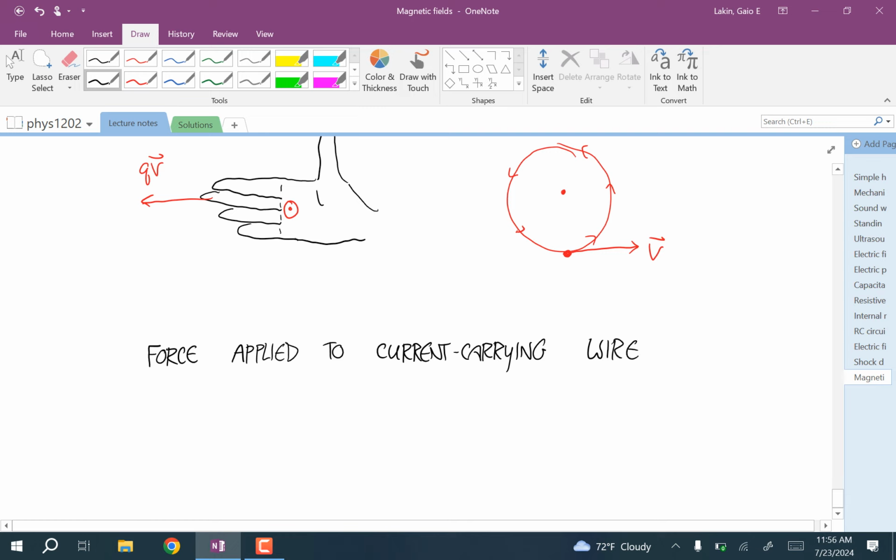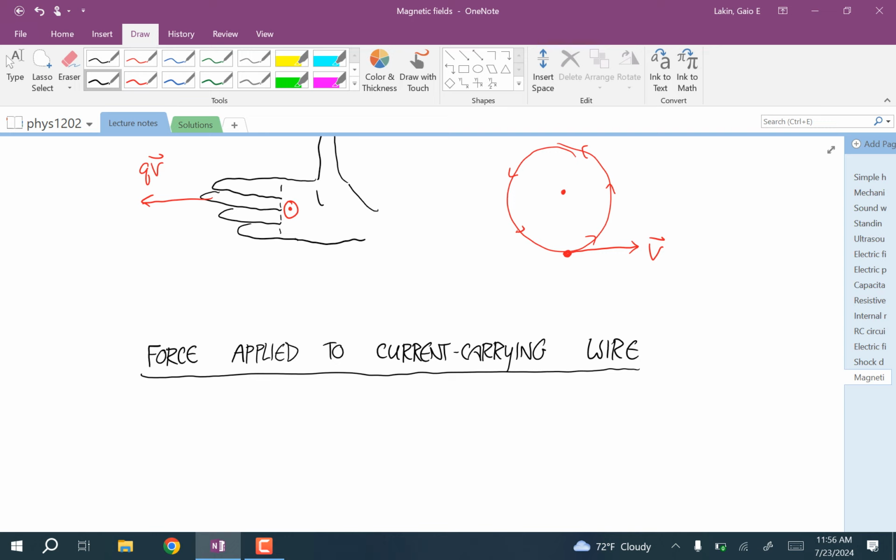Well, it really doesn't have to be a wire. It could be any conductive material, but usually you see it with wires. And the idea here is that all of the electrons in the metal of the wire, if there's a current going through this wire, then those electrons are in motion.